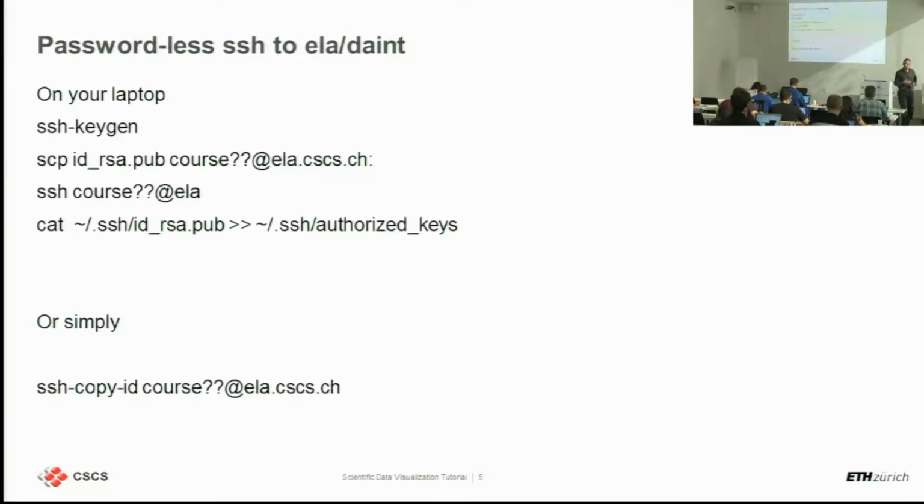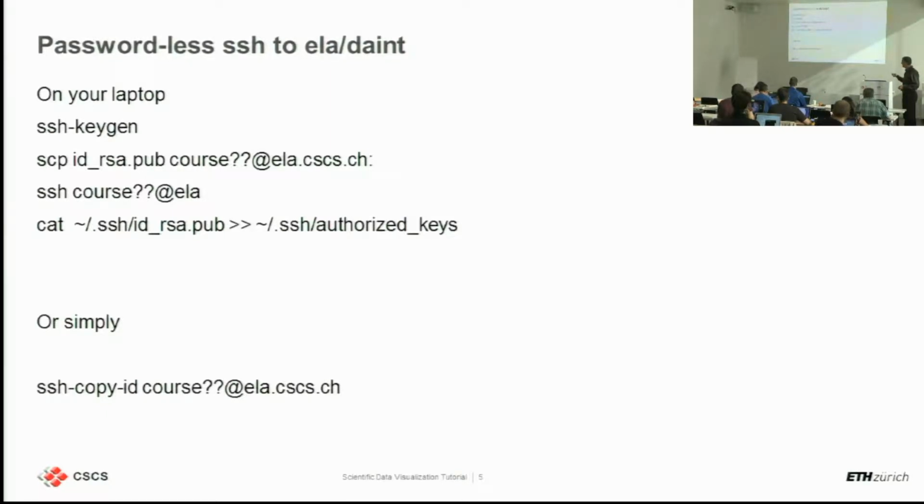Again, like I said yesterday, for the rest of the morning, I urge you to create SSH keys so that you don't have to type passwords all morning, unless you like to type passwords. But please create SSH keys. If you have ssh-copy-id, you use that to copy it over.